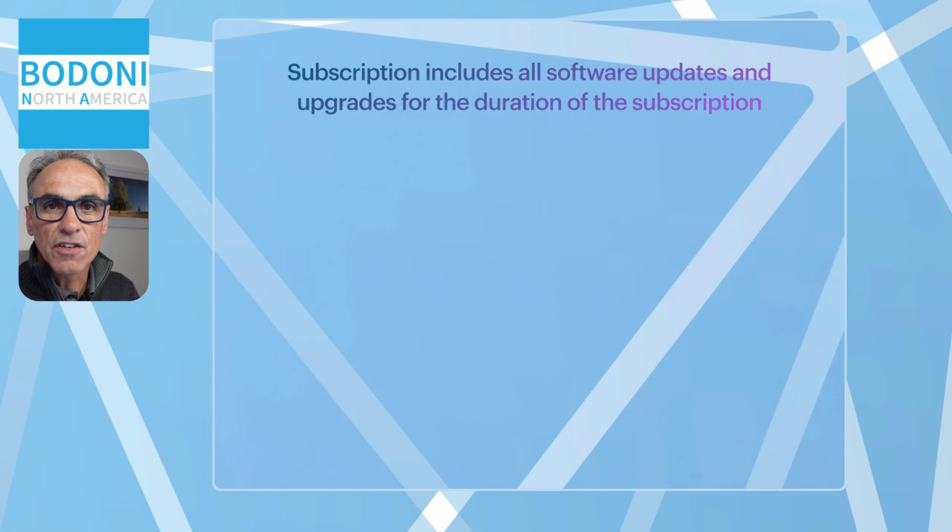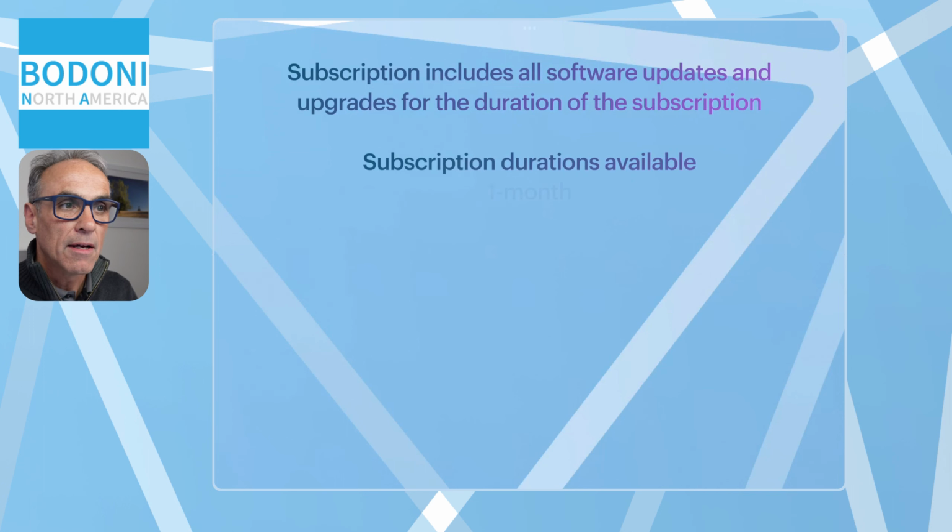So, other advantages of the subscription version is that it includes all software updates and upgrades for the duration of the subscription. The subscription durations are 1 month, 3 months, 1 year and 3 years. So you can choose any one of those. If you want to just trial something very quickly, you can go for a 1 month subscription. It's very easy.